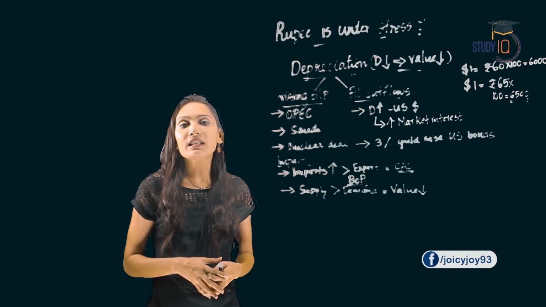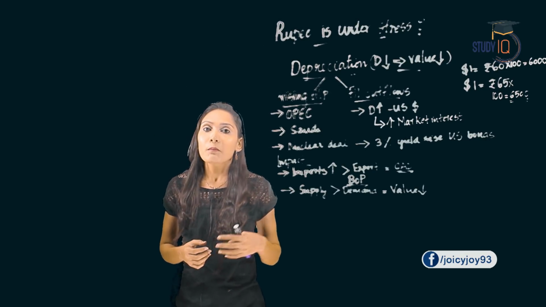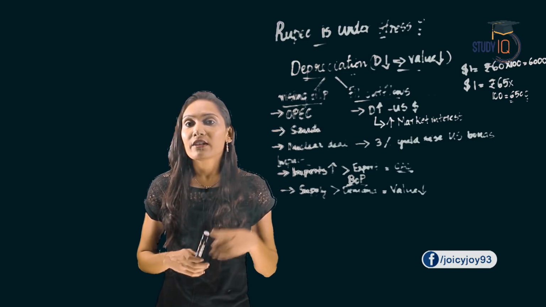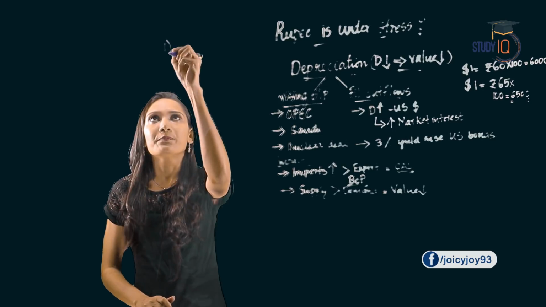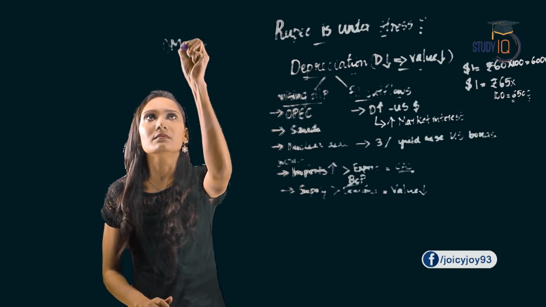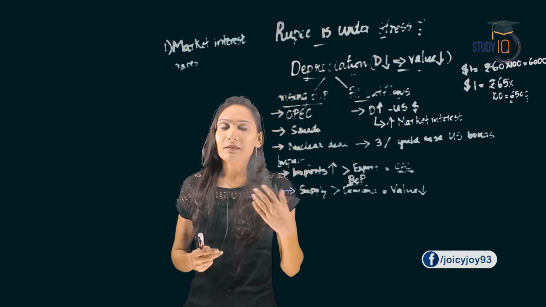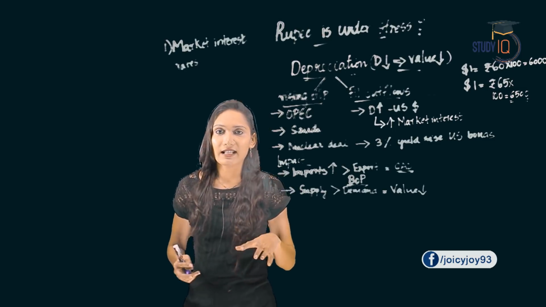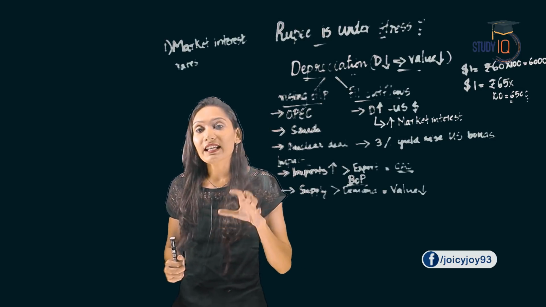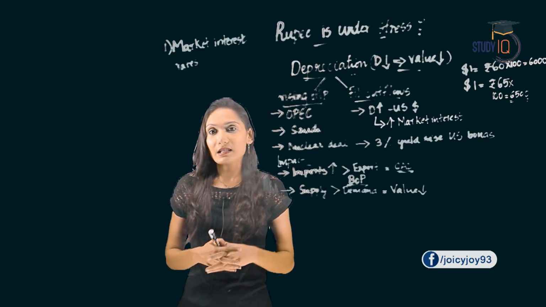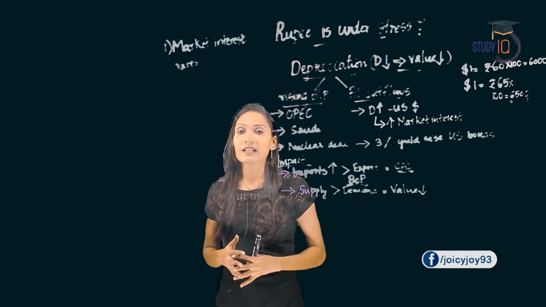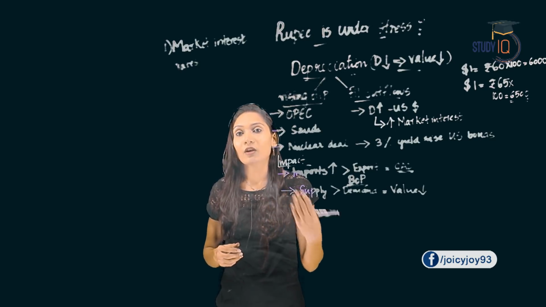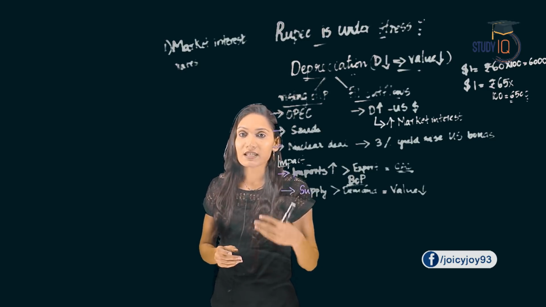Now let us see what are the factors that will influence the bond yield in a market. First of all, the market interest rates. That means the interest offered by the banks. So what will happen? When the interest rates in the market increase or when the banks increase their interest rates, demand for bonds will come down because in the banks they are offering higher returns.